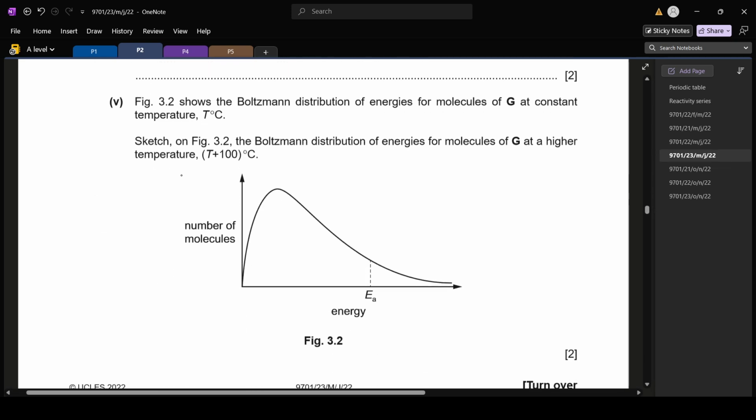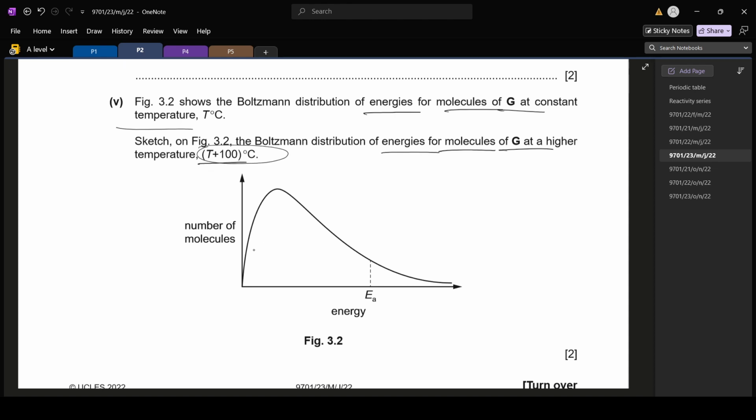Okay, figure 3.2 shows the Boltzmann distribution of energies for molecules of G at constant temperature T. Sketch on figure 3.2 the Boltzmann distribution of energies for molecules of G at a higher temperature. So at a higher temperature, you will have a greater number of molecules with energy greater than the activation energy.